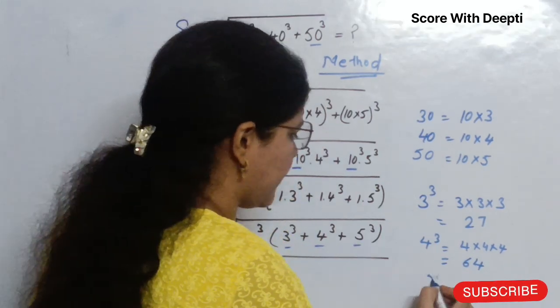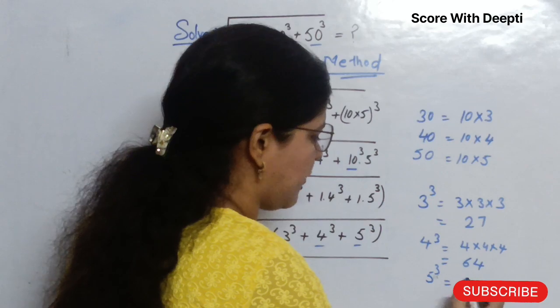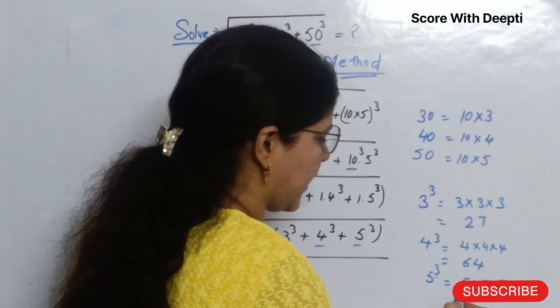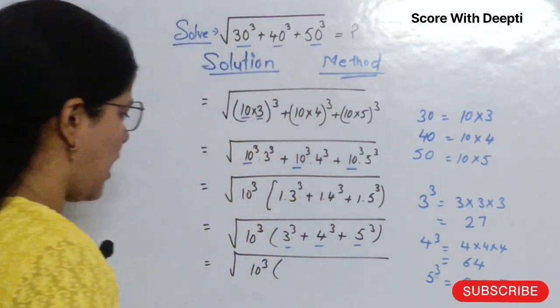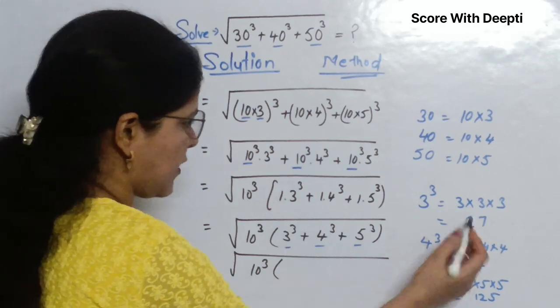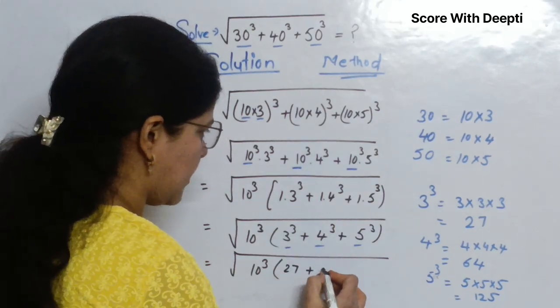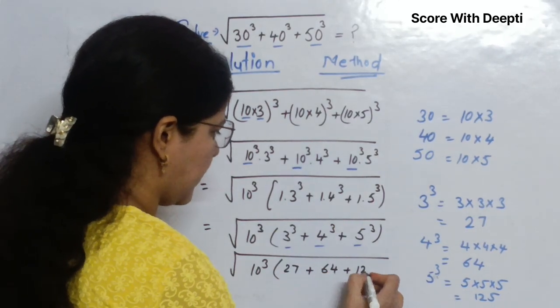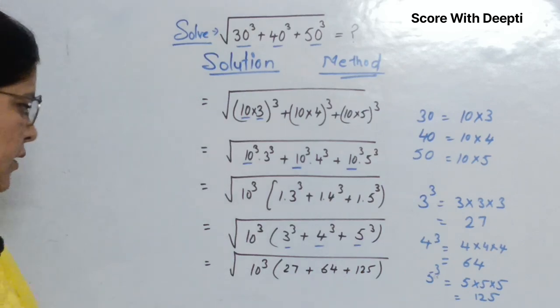Next 5 cube equal to 5 multiply 5 multiply 5, we get 125. Now in place of this we will write 27 plus 64 plus 125, bracket close.